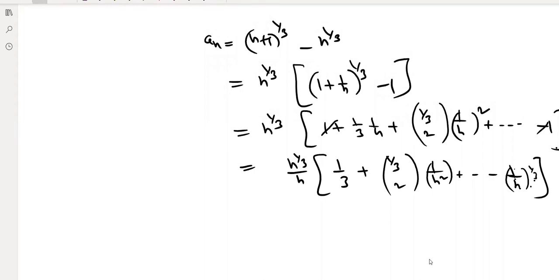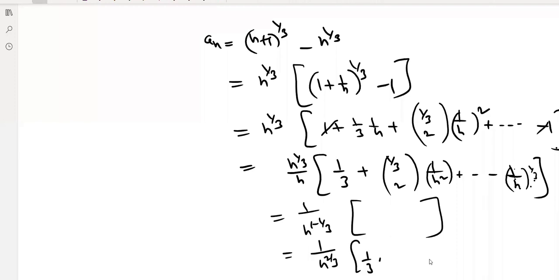So this can be rewritten as 1 minus 1 by 3, that is 2 by 3. This sum is as it is, but it can be rewritten as 1 by n power 2 by 3 times 1 by 3 plus 1 by 3 C2 into 1 by n plus dot dot.